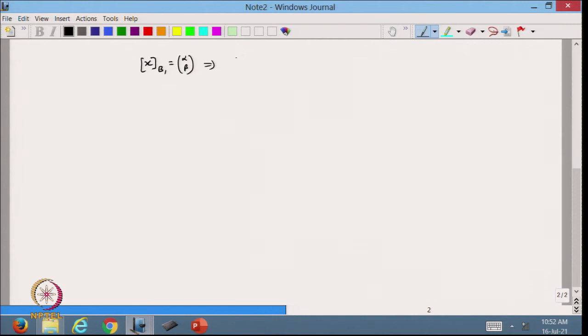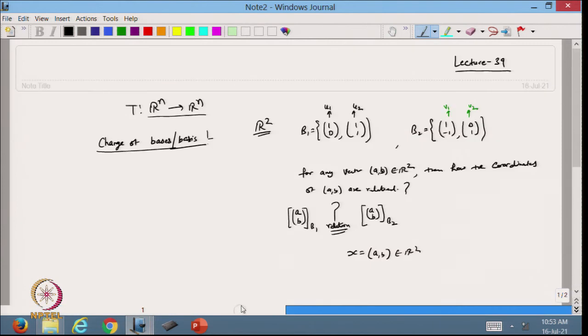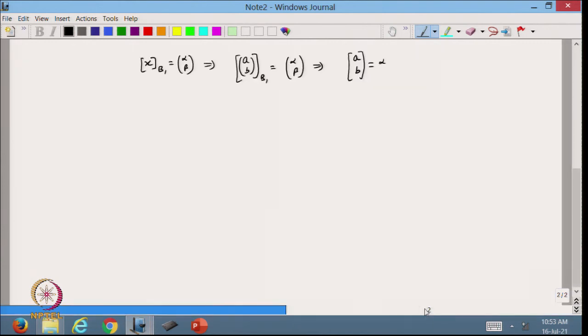So x, which is my (a, b), has coordinates (alpha, beta) in B1, which implies that my vector (a, b) is equal to alpha times U1 plus beta times U2.